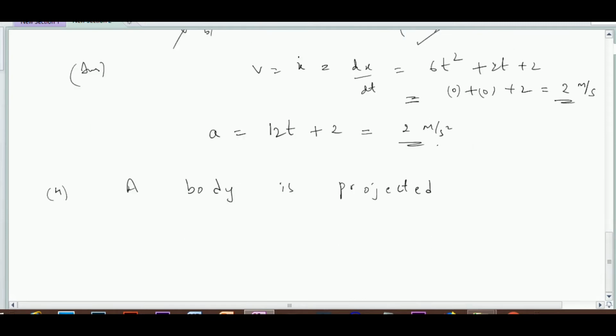A body is projected at an angle such that its range is equal to 3 times the maximum height.